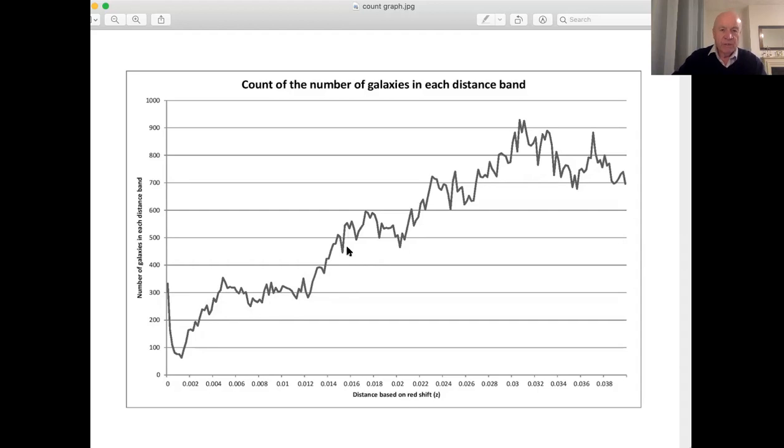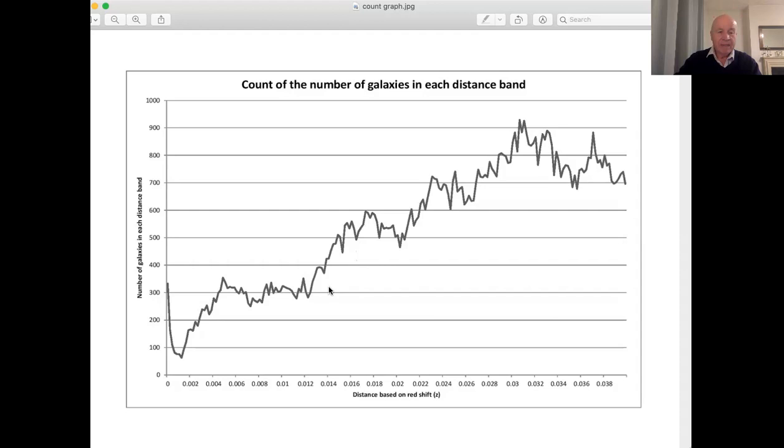And when I first saw this, more than 10 years ago, I was surprised because the count of galaxies isn't at all what you would expect from the Big Bang theory, which suggests that all galaxies formed from a widely dispersed cloud of gas and dust.